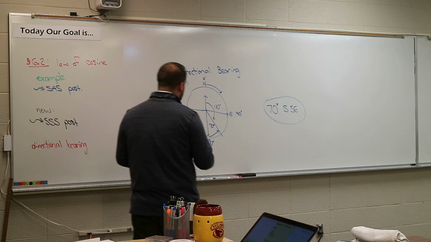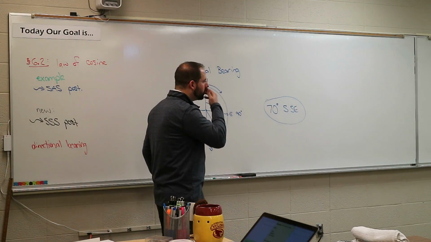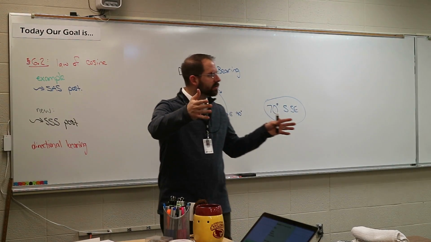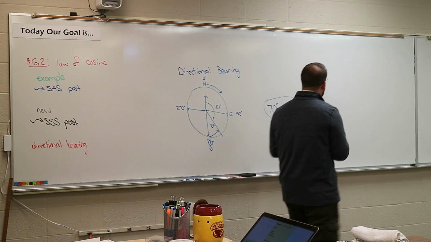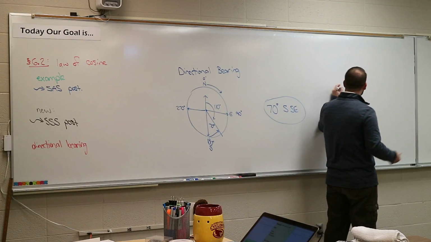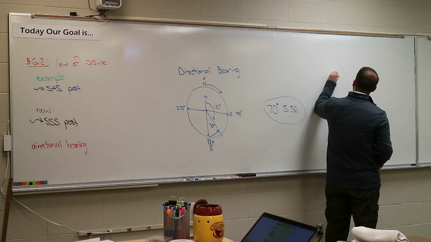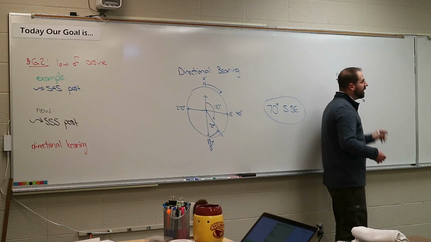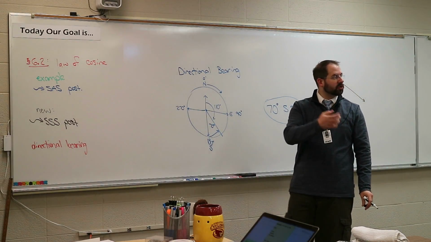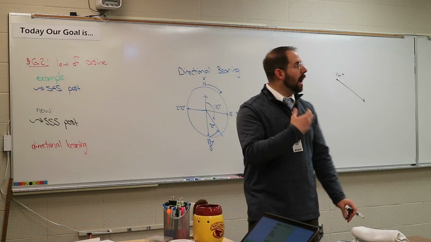But why this is important is because what ships do on the ocean is that they can't mark miles, right? Because all they see is the curvature of the earth. So what they keep track of is their actual speed. If they start here, let's say this is port, and they head off in a direction, they keep track on their compass of what direction they're going and how long they're traveling.